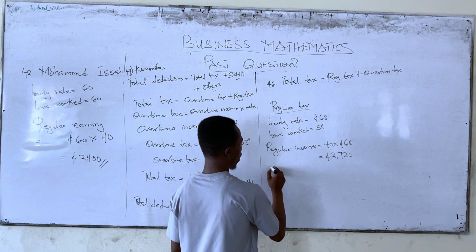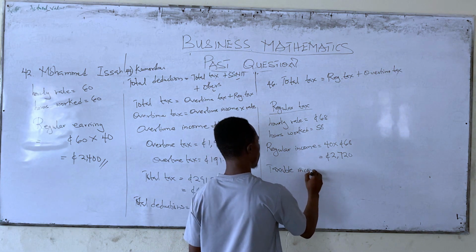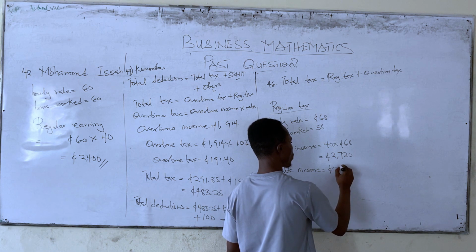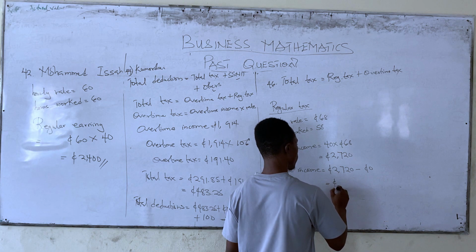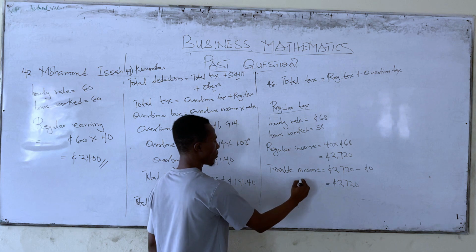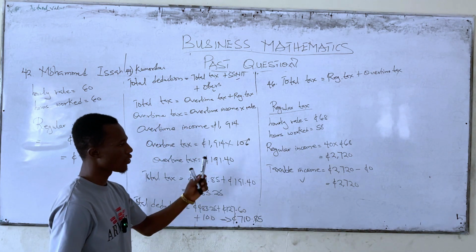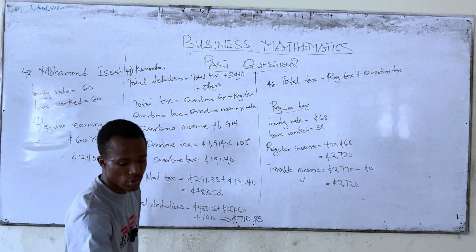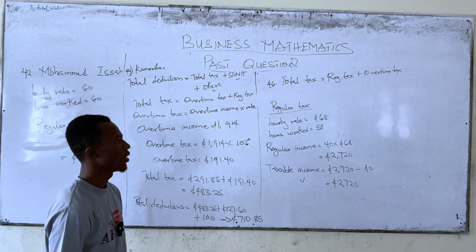So our taxable income is equal to our regular income 2720 minus allowance, which is 0. So at the end we are still getting 2720 as our taxable income. Now let's use the taxable income on the schedule to get the regular tax.